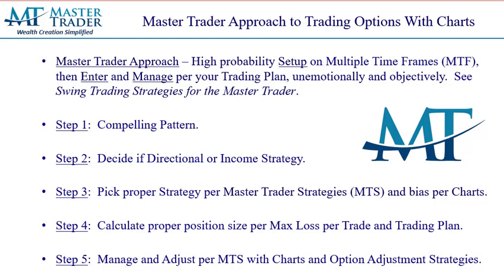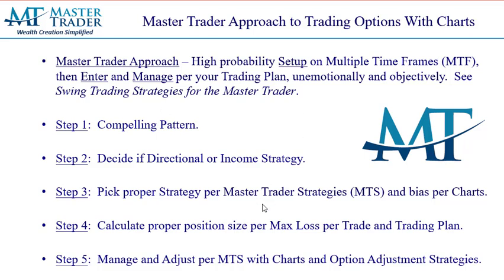Then we both buy options and sell options based on our bias of the underlying, and obviously teach that in our courses. Then which type of directional or income strategy are we going to use? What strike price? How many days to expiration? Is it going to be a spread, a diagonal?